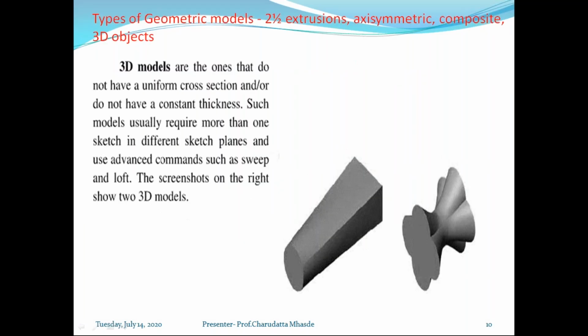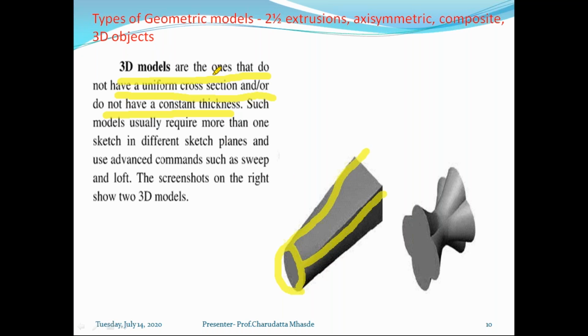Now next is, what is a 3D model? How do we differentiate a 2.5 dimensional model from a 3D model? A very simple definition is that 3D models are ones that do not have uniform cross section and or do not have constant thickness. This is the only difference. Now you can see from this, suppose this is the circle that we have chosen, and along this direction the thickness is varying and the cross section is also varying.